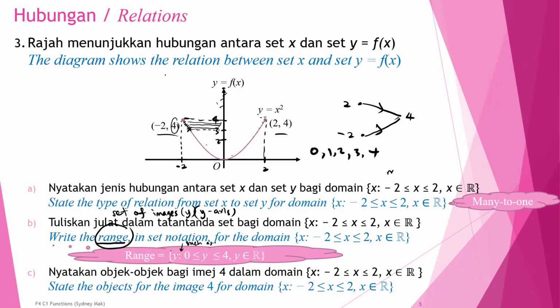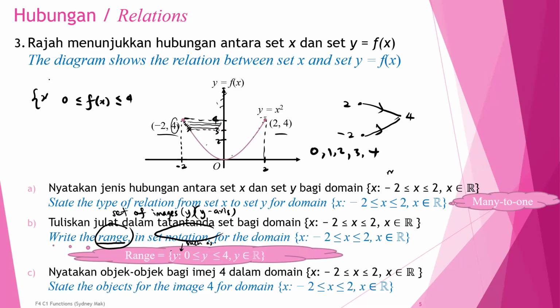Or you may write like this. f(x) range in between 0 and 4. But because it says I need it to be in the set notation, so I have to put like this.